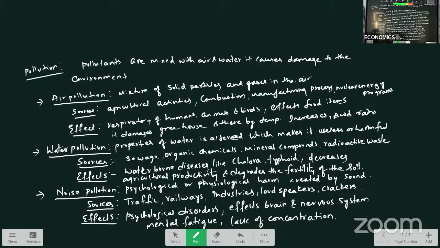So noise pollution is what? It is a psychological or physiological harm which is created by sound. The various sources are traffic, railways, industries, loudspeakers, crackers, wherever we get huge sound which is more than our hearing capacity. What are the effects? It causes psychological disorder. It affects the brain and the nervous system.